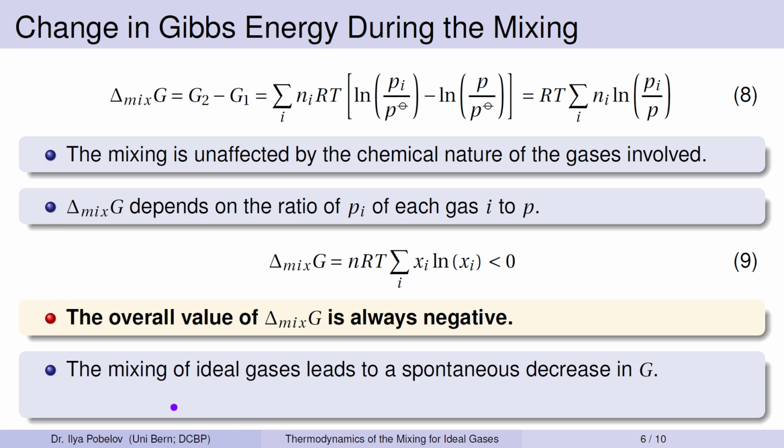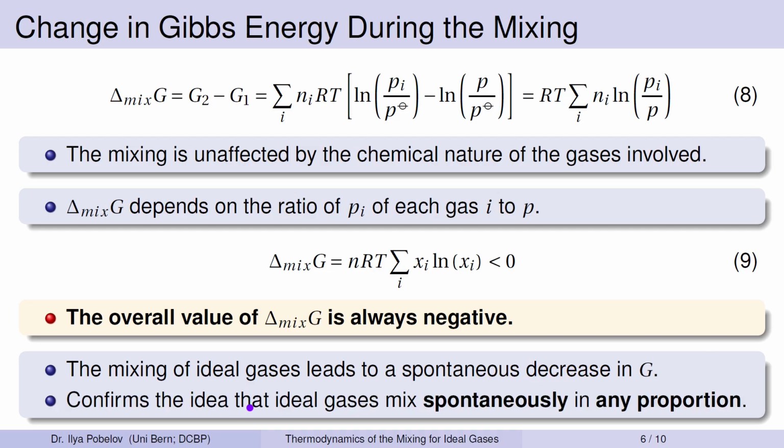We have shown that the mixing of ideal gases leads to a spontaneous decrease in Gibbs energy, confirming the idea that ideal gases mix spontaneously in any proportion.